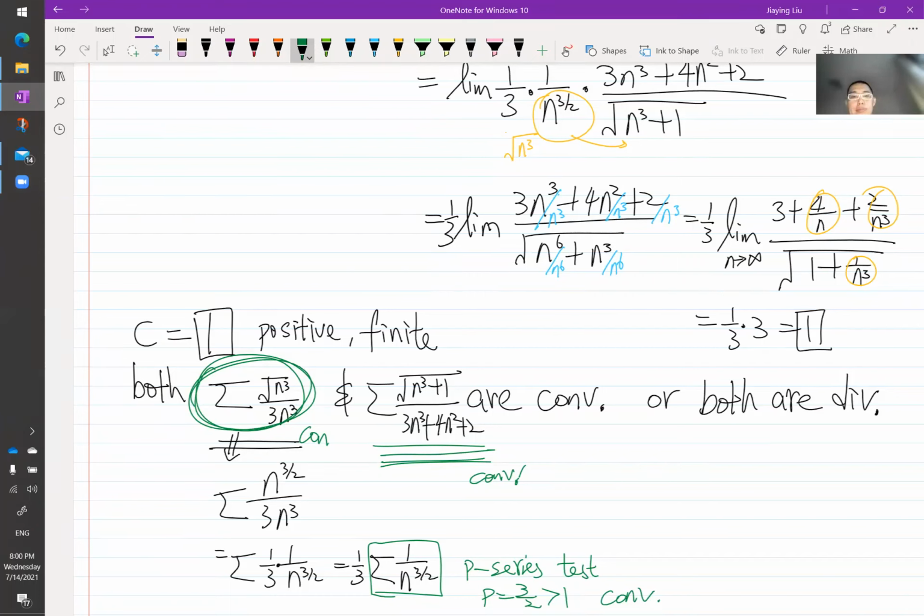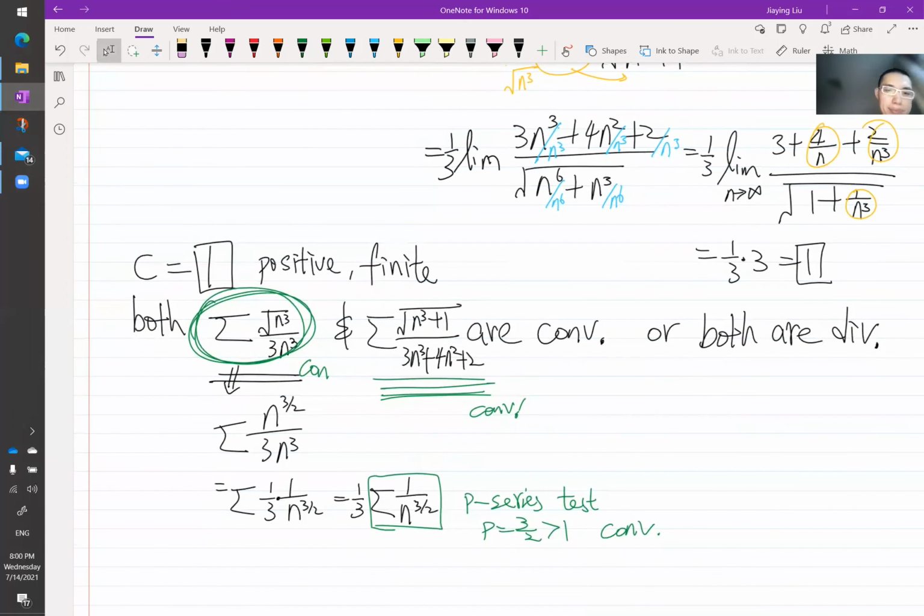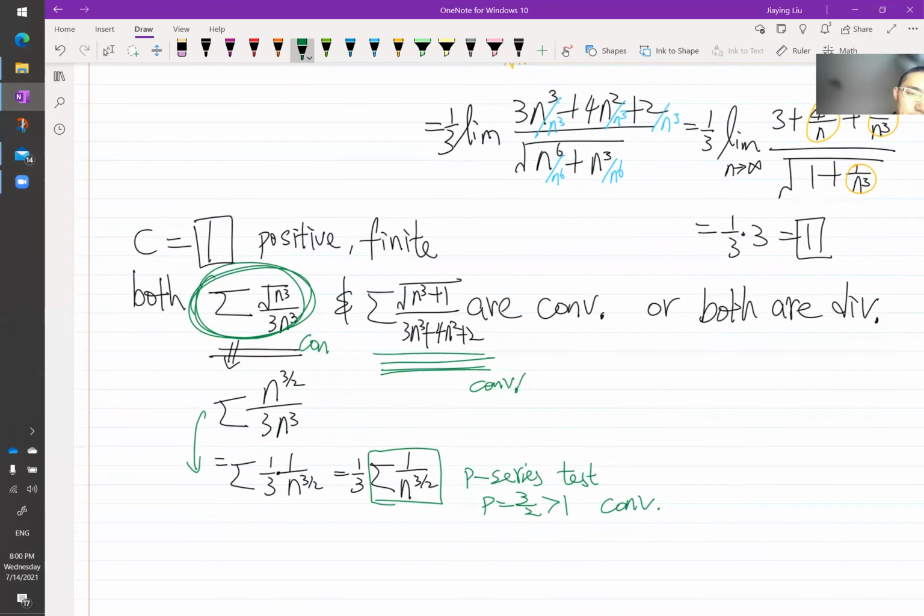How did you split up the n to the 3 over 2 divided by 3n cubed? So what I did is the 1/3, the 3 in the denominator, I just put it aside, make it 1/3. Then I have n to the 3/2 divided by n cubed, right?